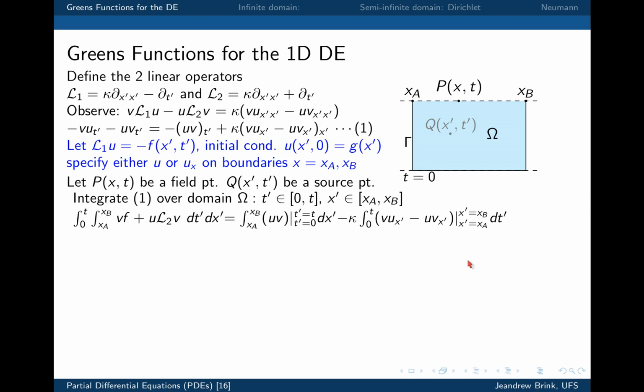Okay, so you can already see that we've done something. When we're talking about u, the only thing that enters this equation is the function f we know. This one we still have to deal with. This function we know, u on the boundary at time t equals 0.